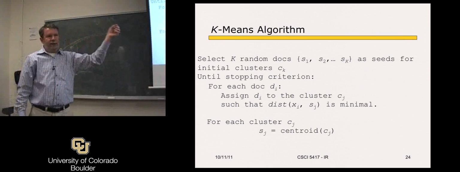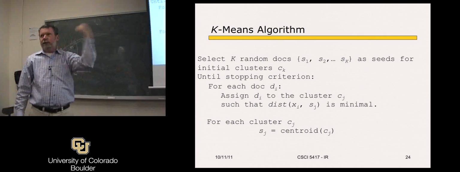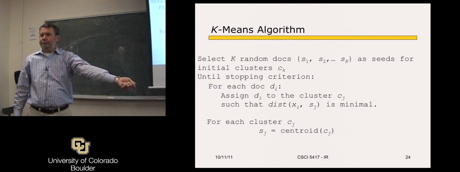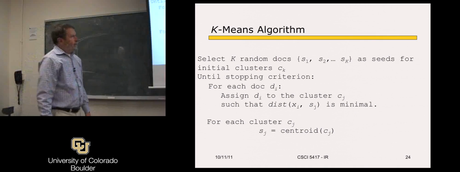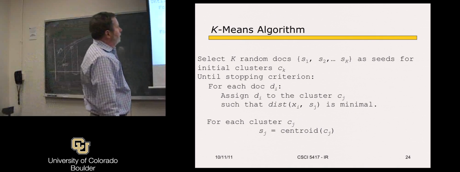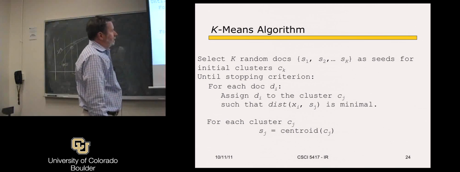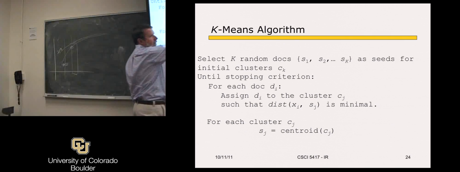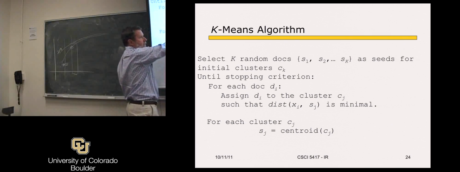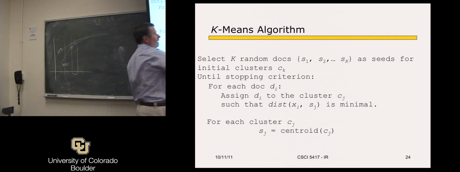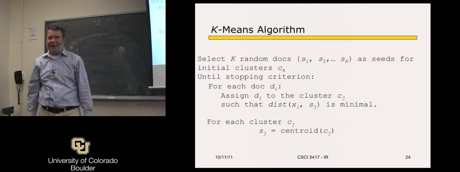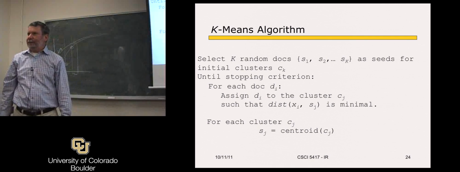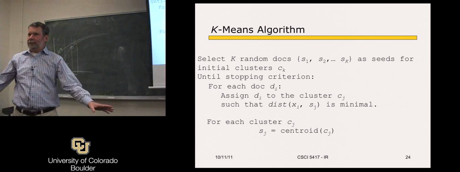I'm going to say, who are you closest to? Whoever you're closest to, that's the cluster you're going to get assigned to. That should be assign di to the cluster C sub j such that cluster sub j is represented by the seeds, S sub j, and this should be a di, right? Not an x. Okay? Does that make sense to everybody?